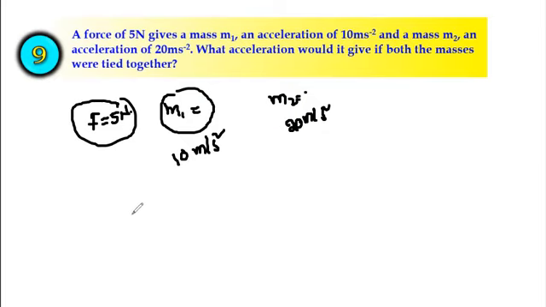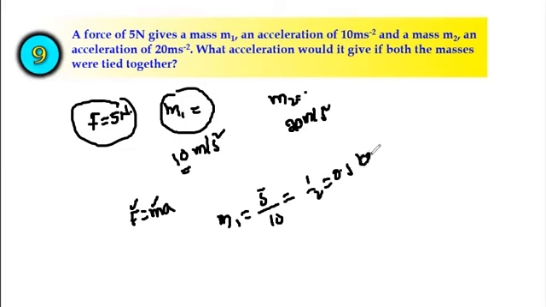According to Newton's second law, F is equal to ma. Now a is given, F is there. Find the mass of each body individually, and then finally add together. m1 is equal to 5 by 10, that equals 1 by 2, that equals 0.5 kg.